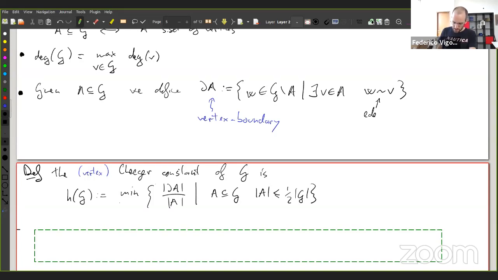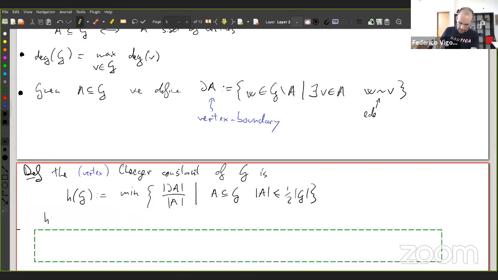Okay, so what is this? We are picking all the subsets of vertices that have cardinality at most half the total cardinality of vertices. And we're looking at the ratio of the size between the boundary and the set, and we're minimizing this over all the subsets.